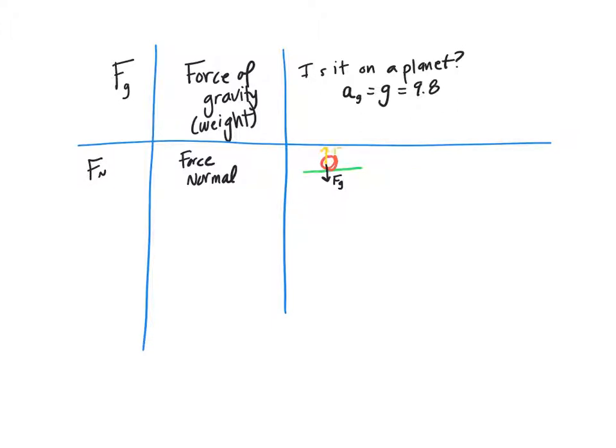So that would be your normal force. So you want to ask yourself, is the object sitting or leaning against a surface? If that's happening, you have a normal force.